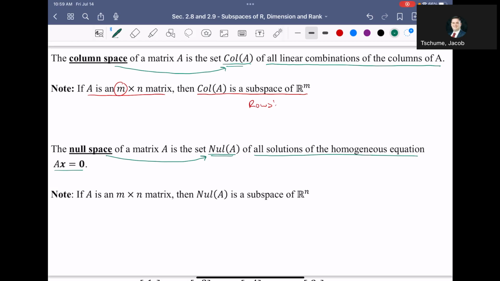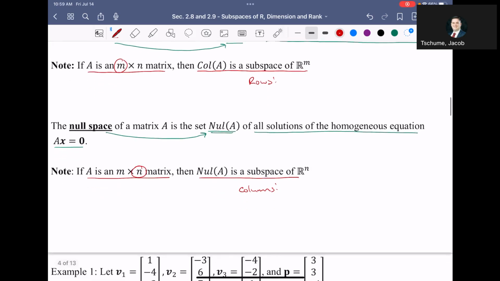Thinking a little backwards here, if A is once again an m by n matrix, then the null space is going to be a subspace of R^n, where n is the number of columns in the original matrix A. So the number of rows gives the dimension of your column space, and the number of columns gives the dimension of the null space.